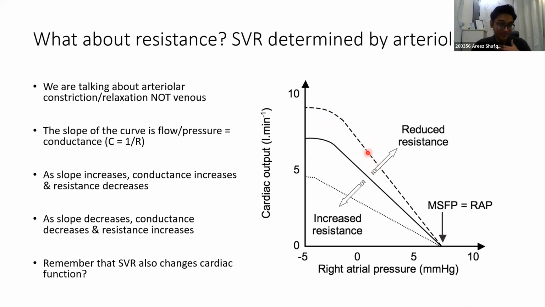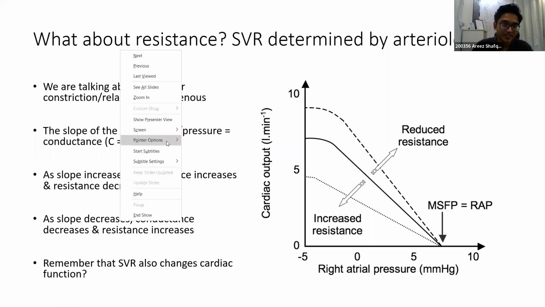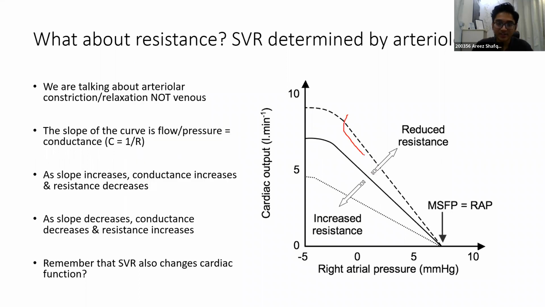How I remember it personally, this may not work for you, is that if we calculate the slope of this curve, the slope is giving us flow over pressure. Okay, so let me make it a bit more clear. If I calculate the gradient of this curve here, let's say I'm taking this black line, the gradient of this curve is flow over pressure.